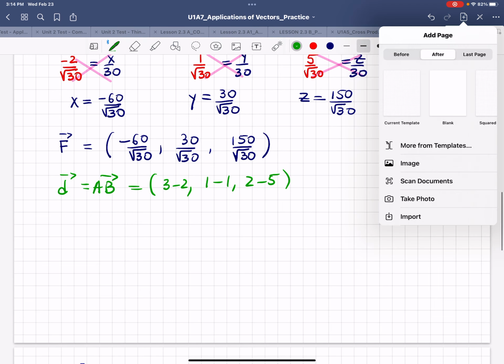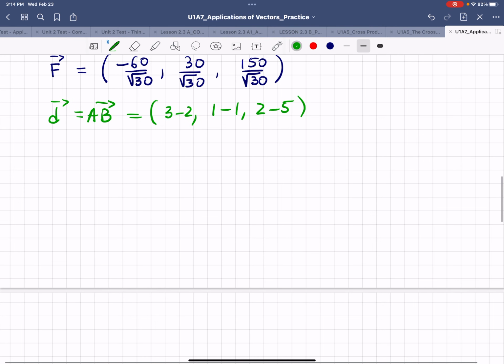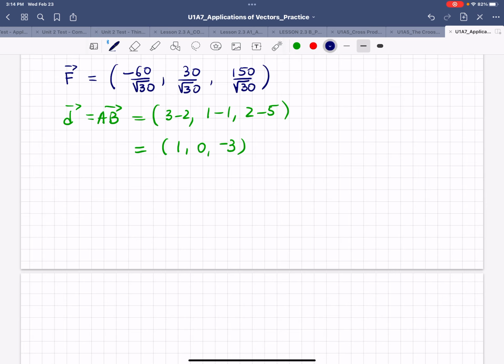Okay, so here we go. We have finally found the coordinates of the displacement as 1, 0, and -3. These are nicer numbers. And we're ready to multiply force with displacement.